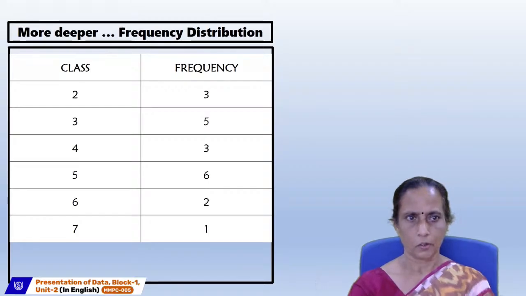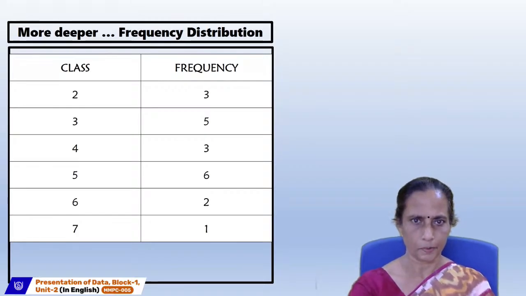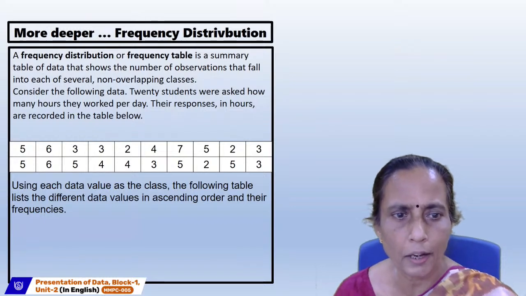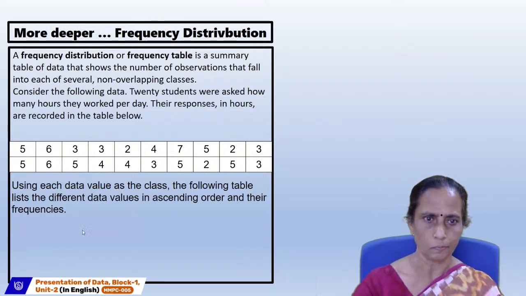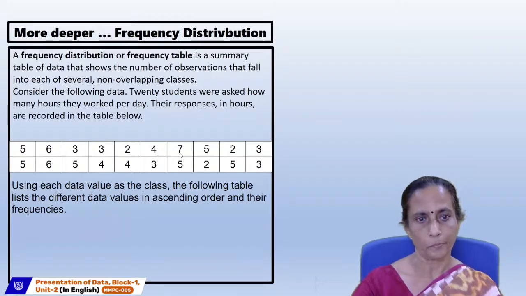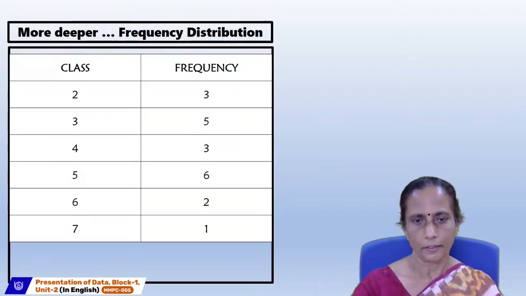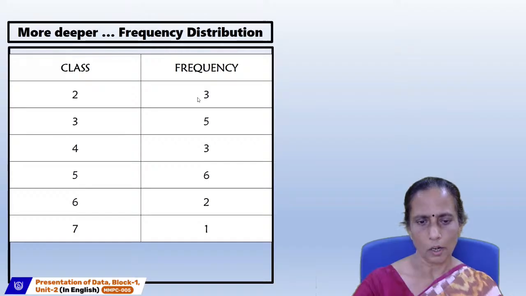So the classes are, say, 2, 3, 4. That means our minimum value over here is 2. The maximum value over here is 7. So my class starts with 2 and ends with 7, and then I will be counting the number of observations.